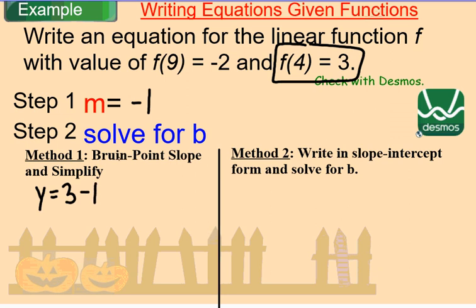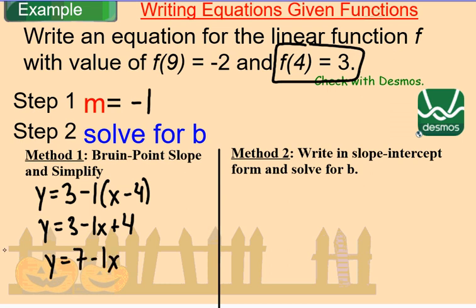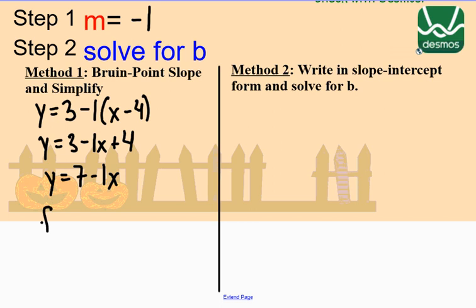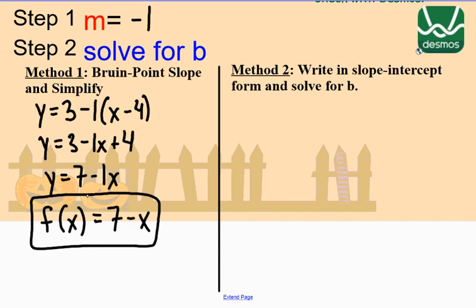I go down 1 over 1 because that's my slope for every x past 4. I simplify by distributing the negative. Then I combine my like terms of 3 and 4, and I get y is 7 minus 1x. They asked me to write it in function notation, so I would say f of x is equal to 7 minus 1x, or just 7 minus x is fine. So there's method number 1.